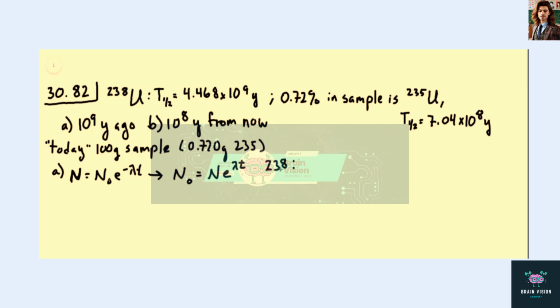So for the 238, the number of atoms is proportional to the mass, right? So we can just directly put in our 99.280 grams for 238 and 0.720 grams for the 235, and it'll all work out.